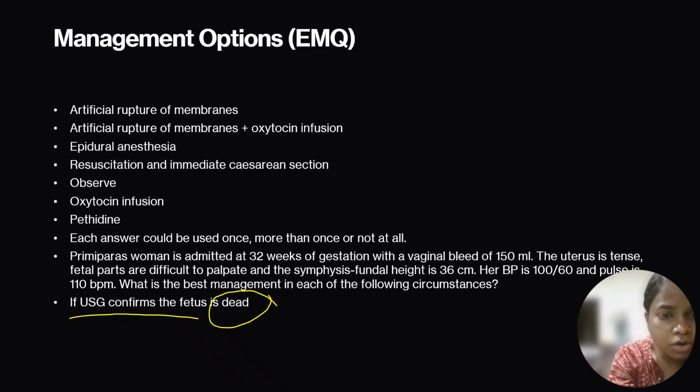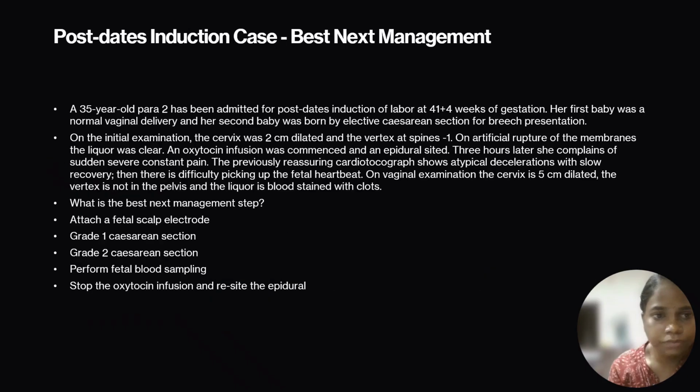Even though the fetus is dead, you'll go for resuscitation and immediate cesarean section. The symphysis fundal height is 36 centimeters even though she's 32 weeks. You go for cesarean section.